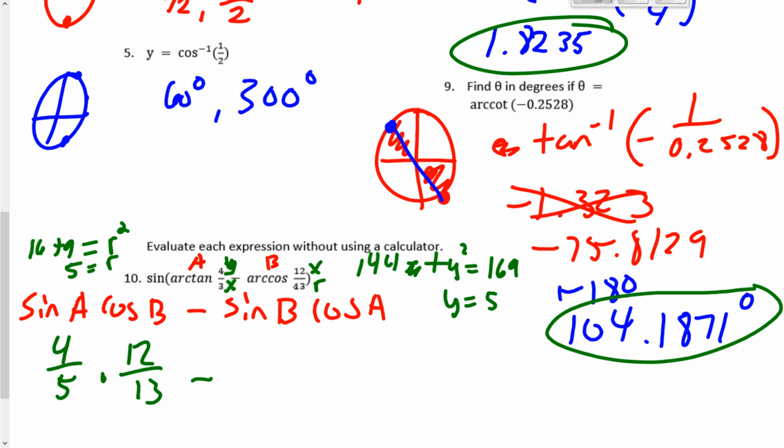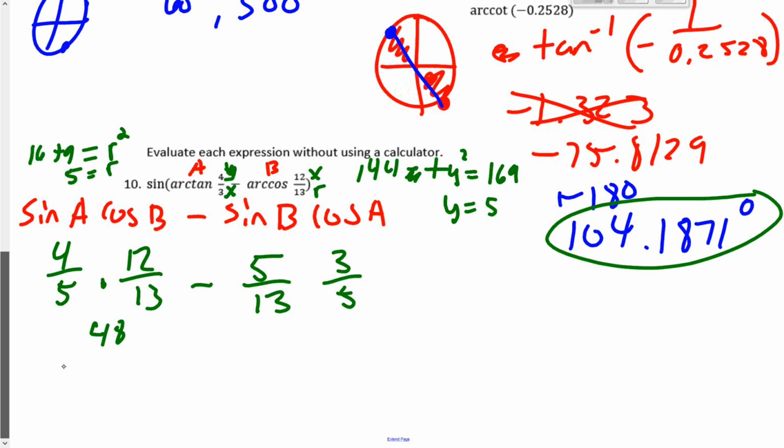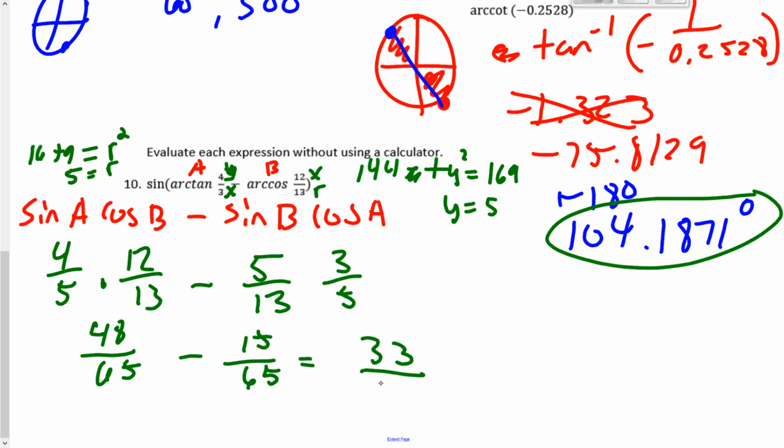And sine of B would be y over r, so 5 over 13. And cosine of A would be x over r, 3 over 5. Okay, so then we multiply these. We get 4 times 12 is 48. 5 times 13 is 65. Subtract those. We get 33 over 65.